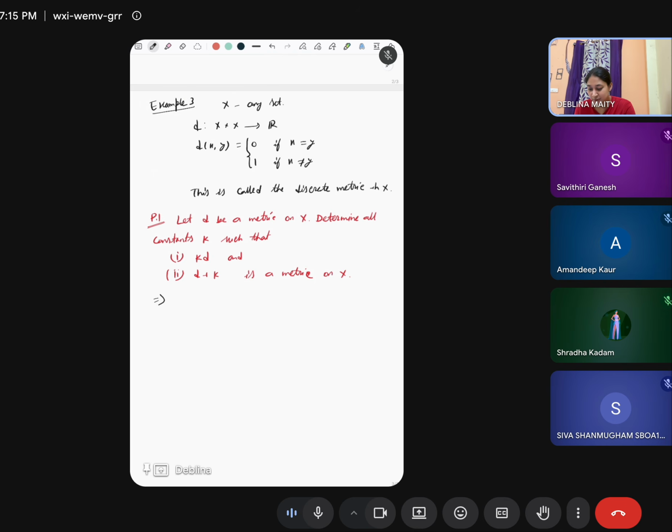So this is very easy from the definition of metric.